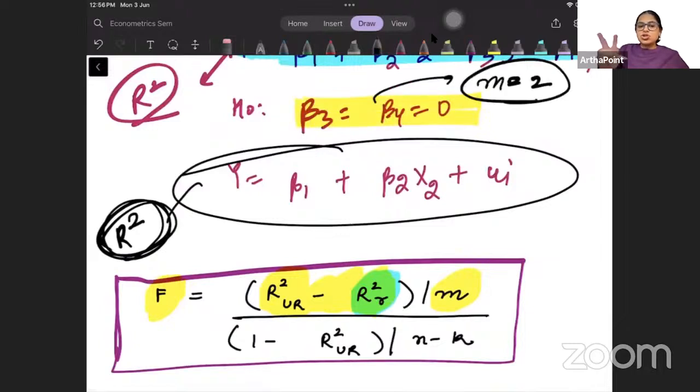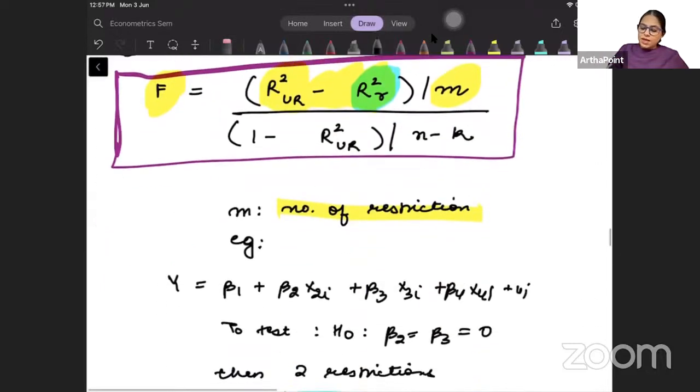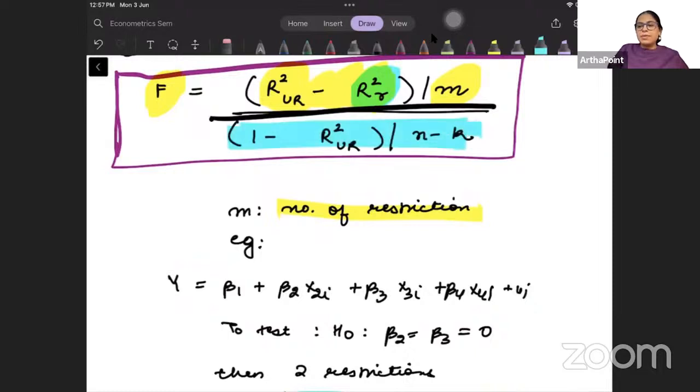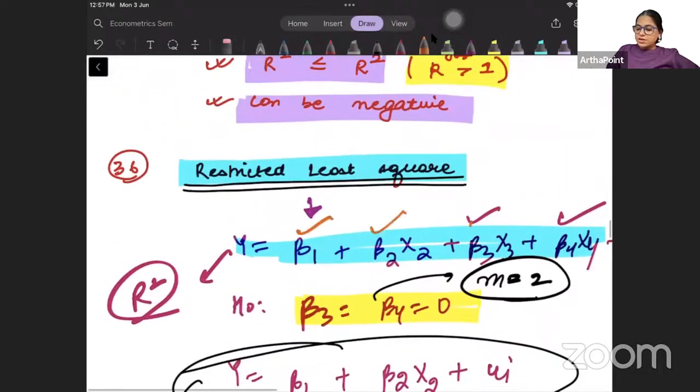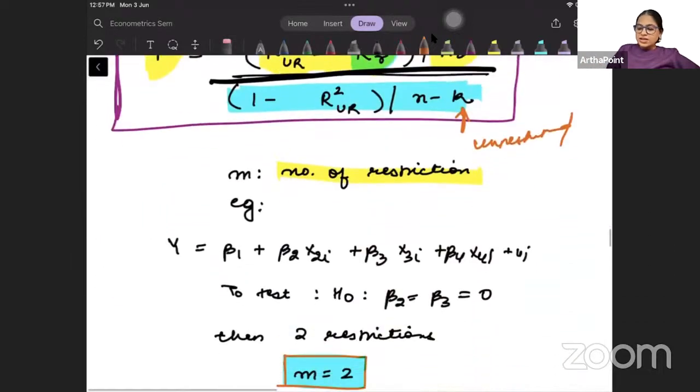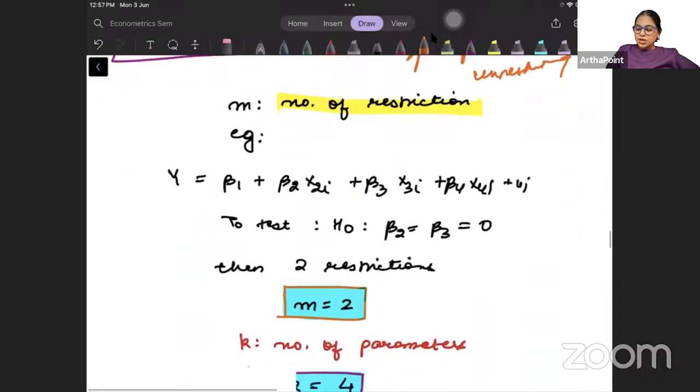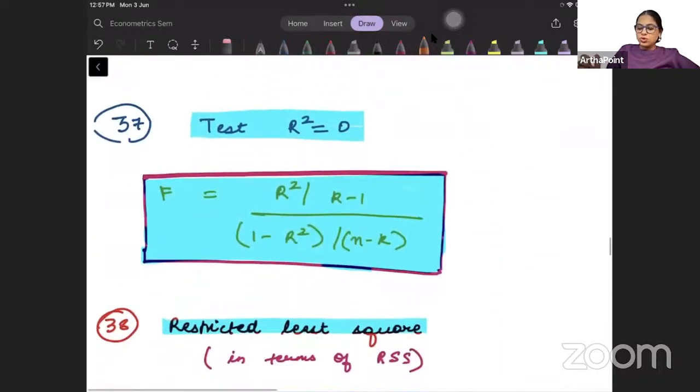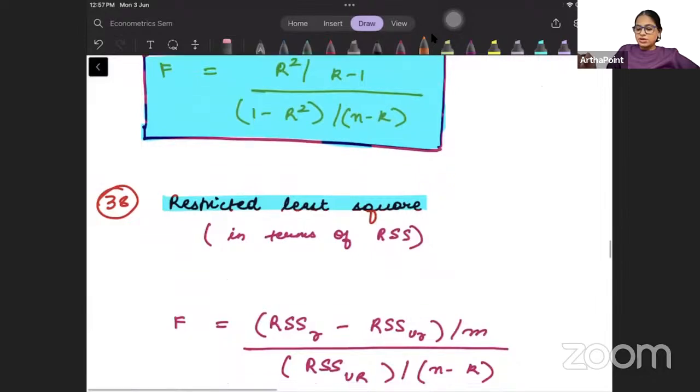I am putting restriction on two parameters. So m is 2 divided by 1 minus r square divided by n minus k. Is this clear? So k is the number of parameters in the unrestricted model. तो unrestricted model में number of parameters are 4 beta and n is the sample size, right? ठीक है बेटा, so you can read this out. ये वाला मैंने करवा दिया है, read it out.